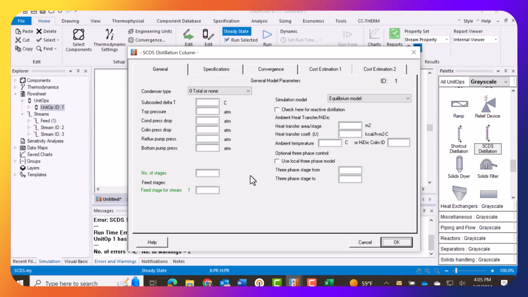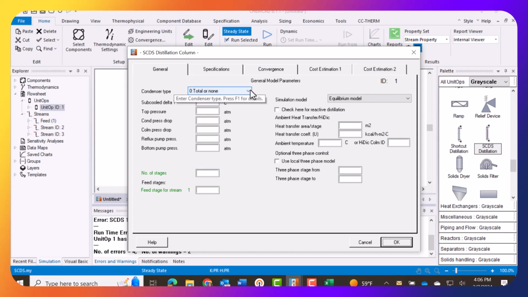They're doing a total condenser, and the reboiler is a kettle, a partial reboiler, vapor liquid for valid phases, standard for convergence, and they have a distillate rate of 60 kilomoles per hour and a reflux ratio of 2.